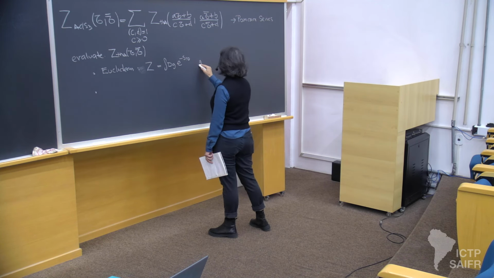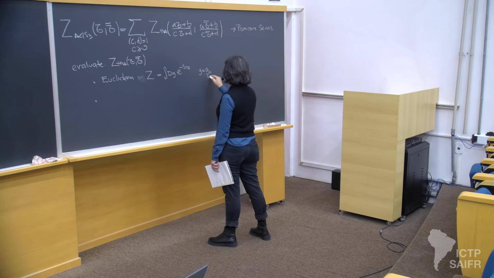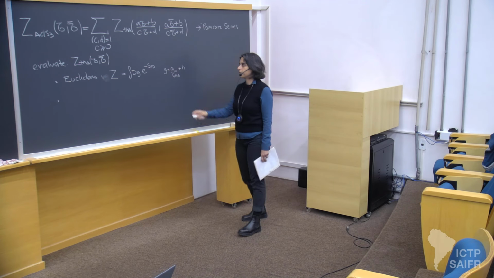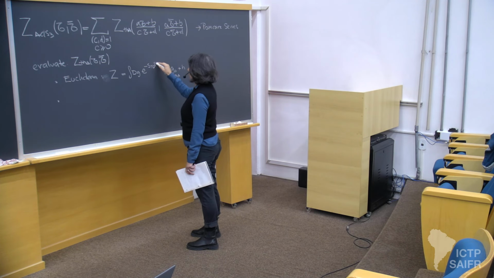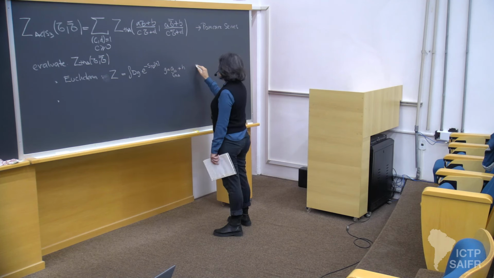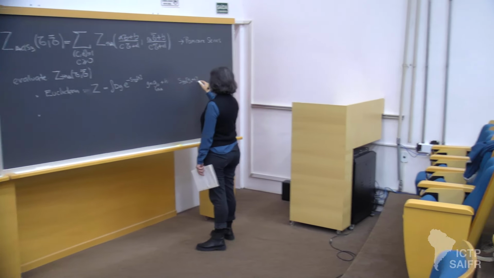Let me write G as G0, where G0 will be thermal AdS, plus a fluctuation, plus something quantum. What you would do then is just expand out the action around G0 plus h.